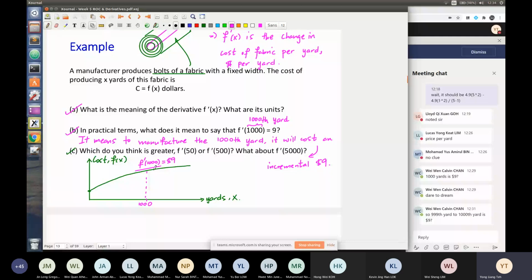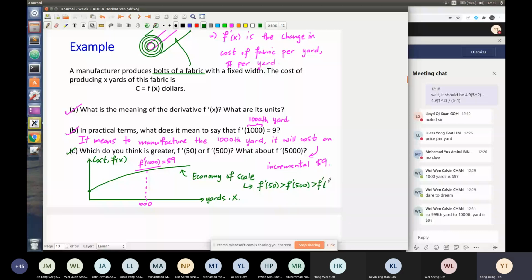If we consider the economy of scale, then by right we should have f prime 50 is more than f prime 500 is more than f prime 5,000.